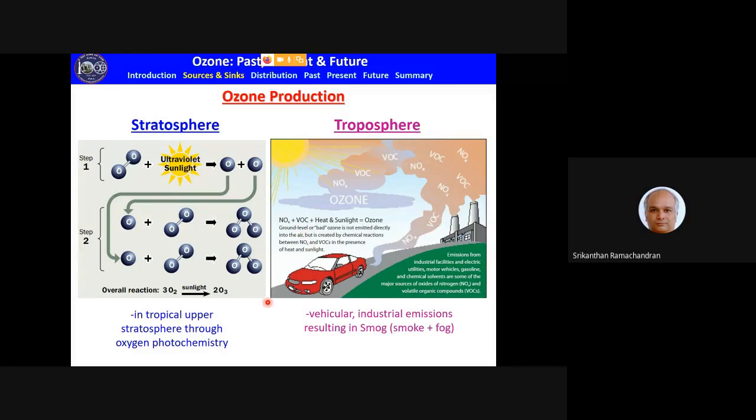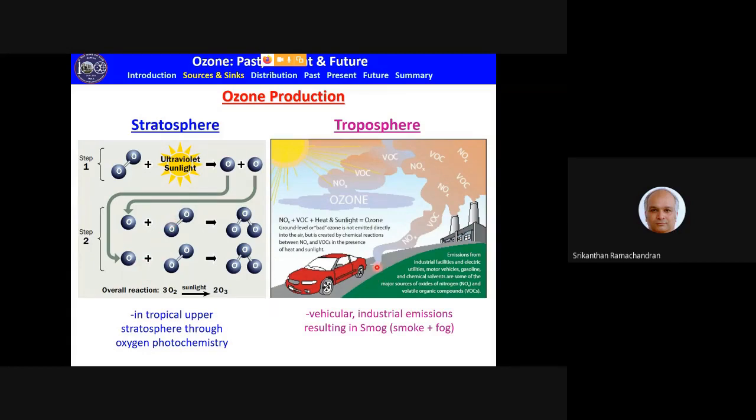So the nitrogen oxides and the volatile organic compounds, plus the heat, meaning the temperature and the sunlight, produce ozone. This is not directly emitted into the air, but is a result of the reactions that occur because of these gases and the amount of sunlight. That is why this is harmful when compared to the ozone that is present in the stratosphere.